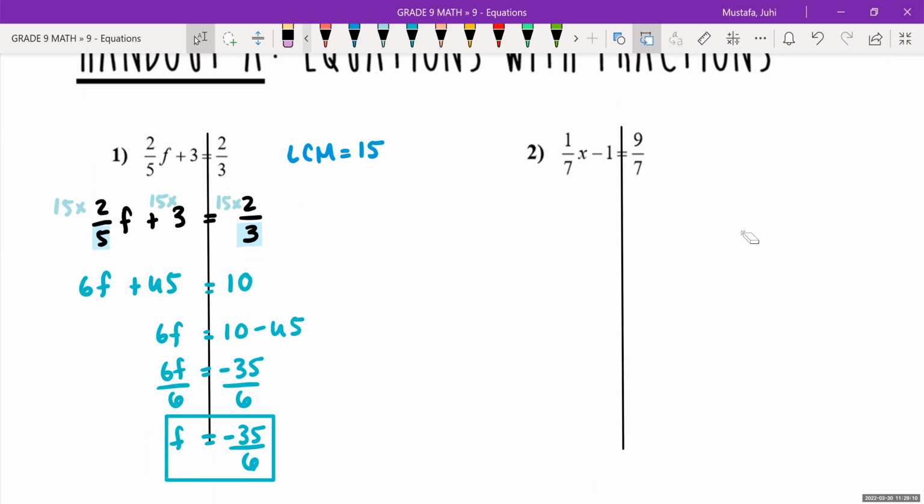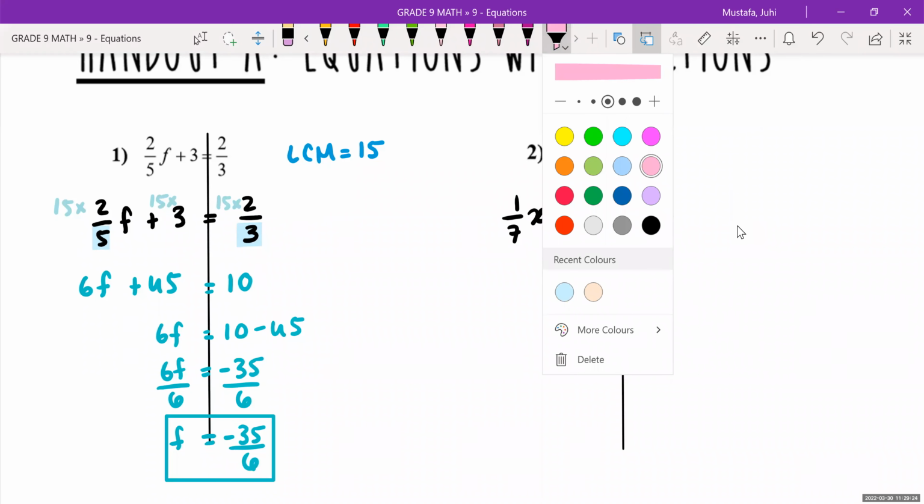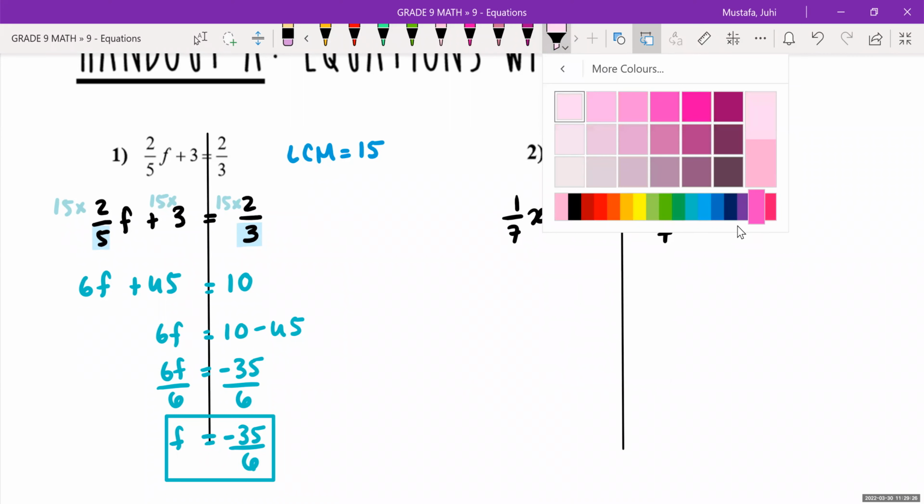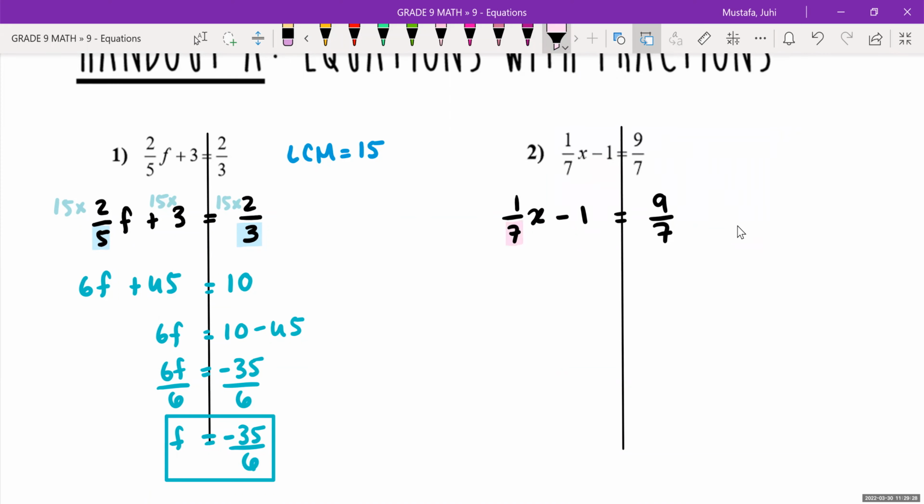Okay, so once again, this question is written really nicely. Every fraction is alone. We have 1 over 7x minus 1 is equal to 9 over 7. I take a look at my denominators, and anytime my denominators are the same, I get really happy because that makes the question just so much easier. We have a 7 and a 7, which means the lowest common multiple is a 7.